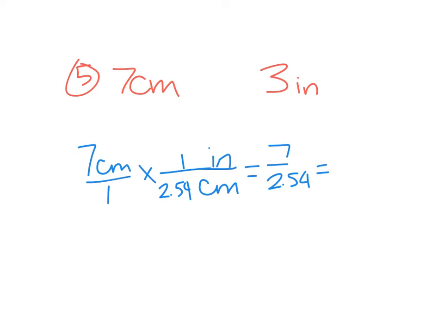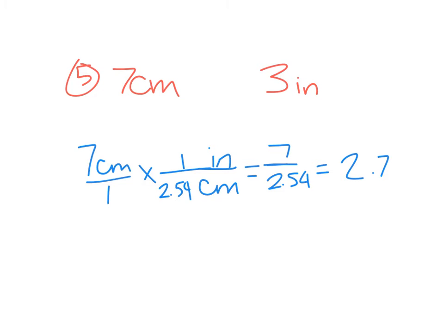What'd you get? 17.78. 7 divided by 2.54? That doesn't seem right. 2.76. That sounds right.